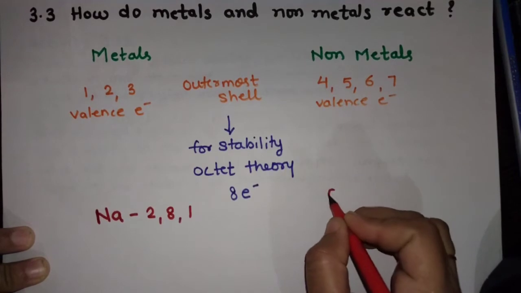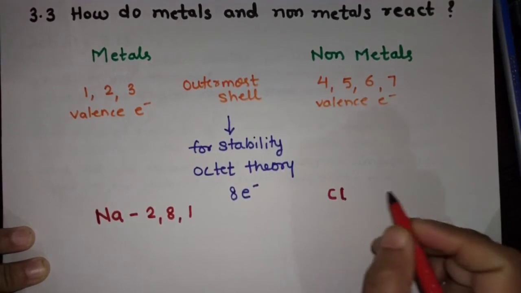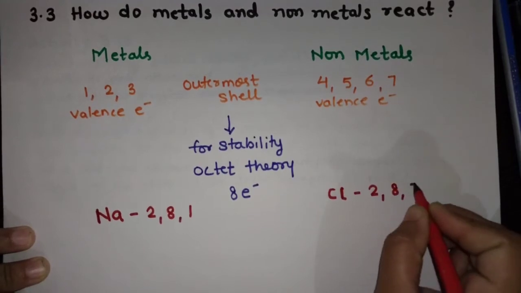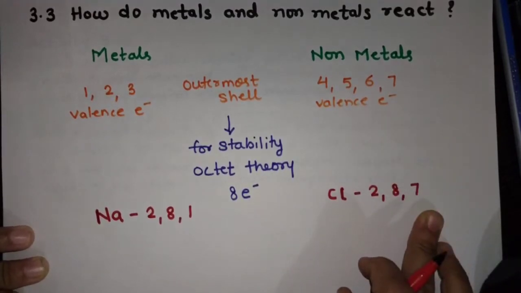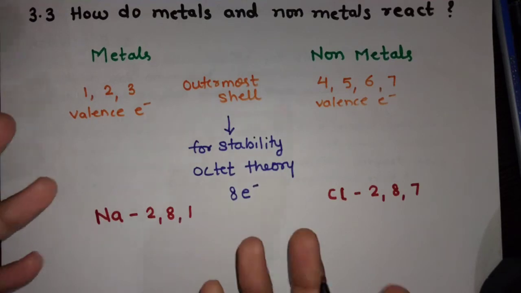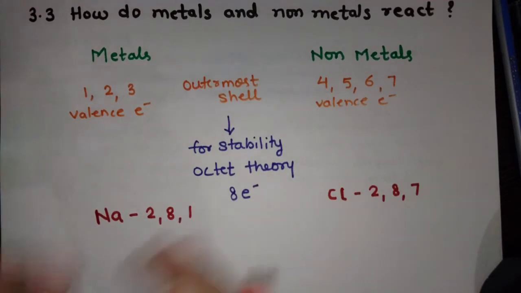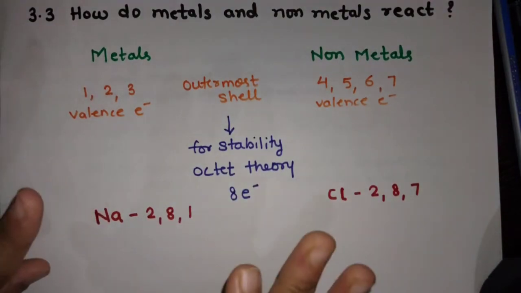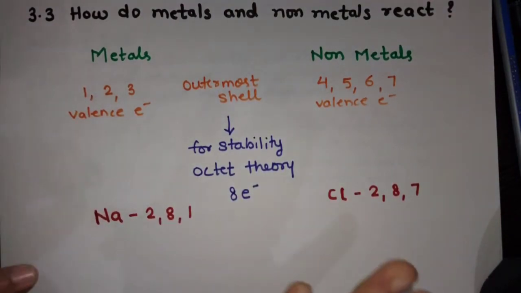And chlorine, a non-metal, has 2, 8, 7, that is 7 valence electrons. All elements want their octet to be complete, so for that some of them give up electrons and some of them accept those electrons. It depends totally on the metals and non-metals.